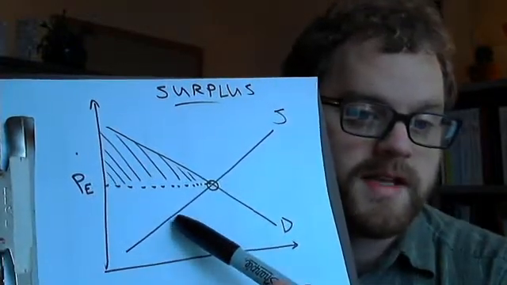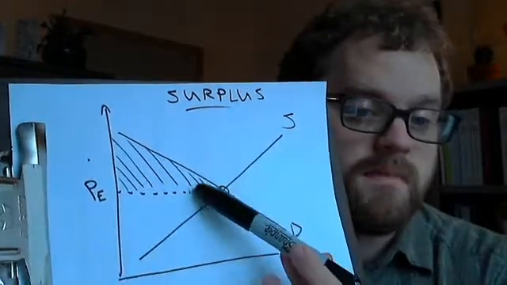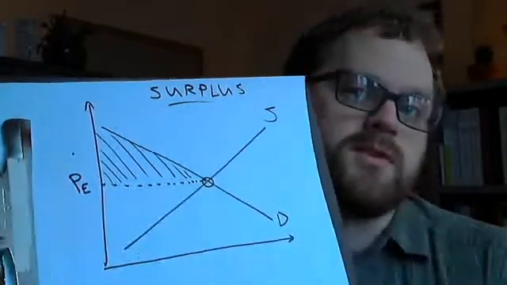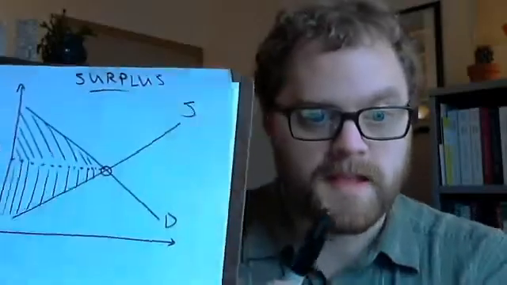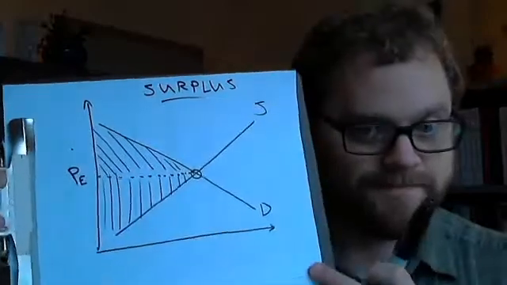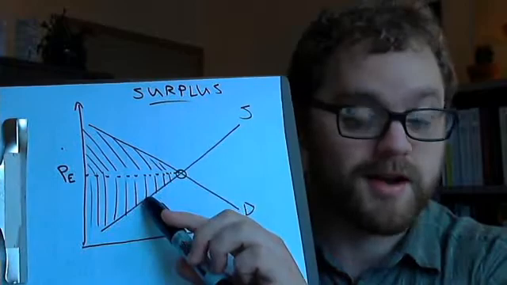But they don't get a low price, they get an equilibrium price here. So likewise, the area below this price and above the supply curve is going to give us the producer surplus. The extra value that companies get when they sell a product for somewhat more than they were willing to. Here we go. That would be the producer surplus on the bottom with the vertical lines there. It's consumer surplus up on the top, producer surplus down here.